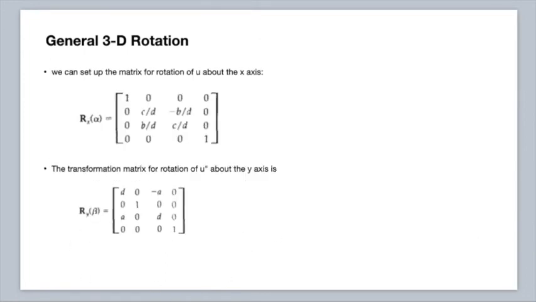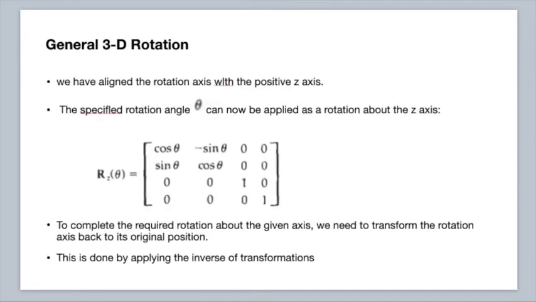Okay, so first you have seen the first step, this translation matrix will be used. In the second step you have to rotate it so that it comes in alignment with the z axis. For that you do two steps of rotation, that is the rotation about the x-axis, you use this transformation matrix. For the rotation about the y-axis, you use this transformation matrix. And then in the third step you have to rotate the object about the z-axis.